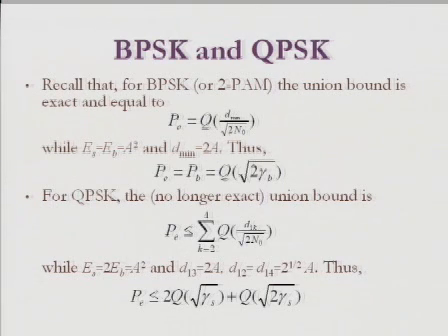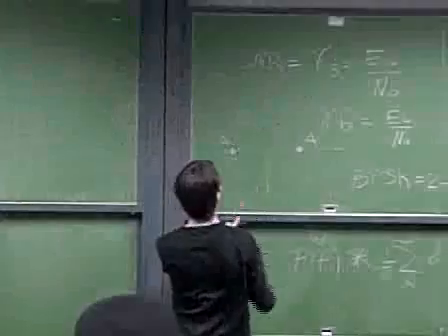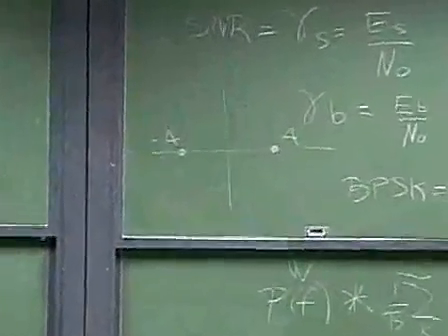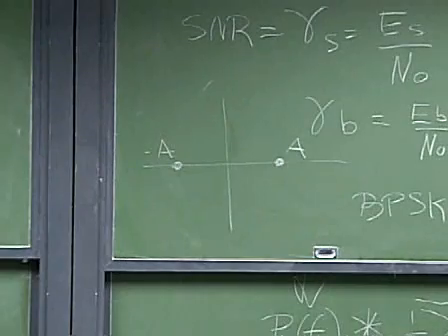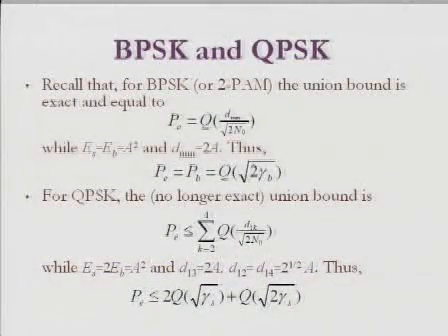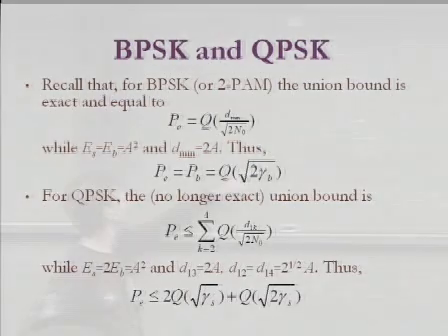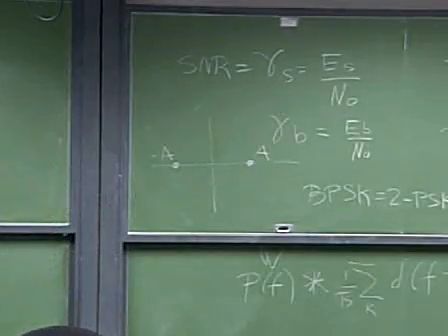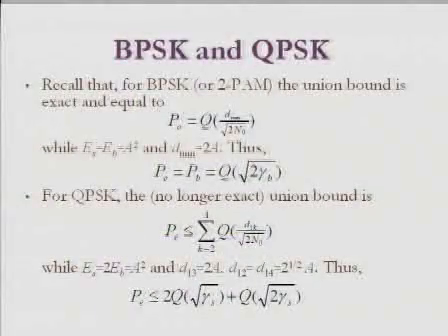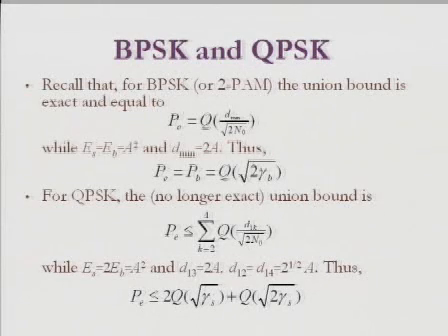So what's the energy per symbol? Well, if this point is A, and this point is minus A, the energy is A squared, clearly. So the energy per symbol is A squared, and the energy per bit is also A squared. And d min is 2A. You agree with me that between these 2 points, the distance is A minus minus A, which is equal to 2A. So we can relate d min with A, and then A with ES or EB.